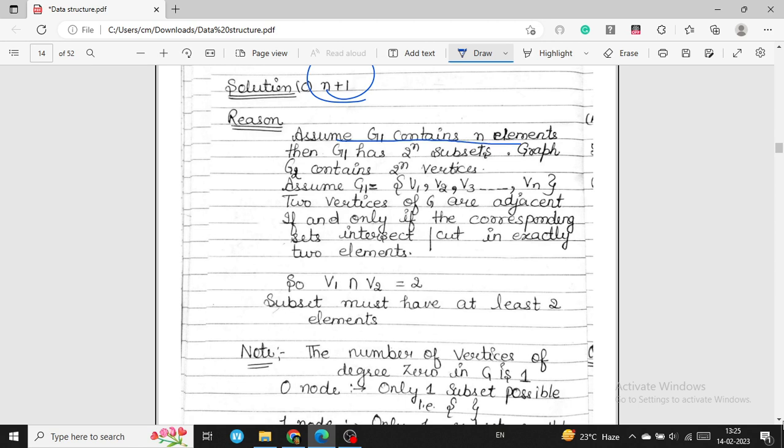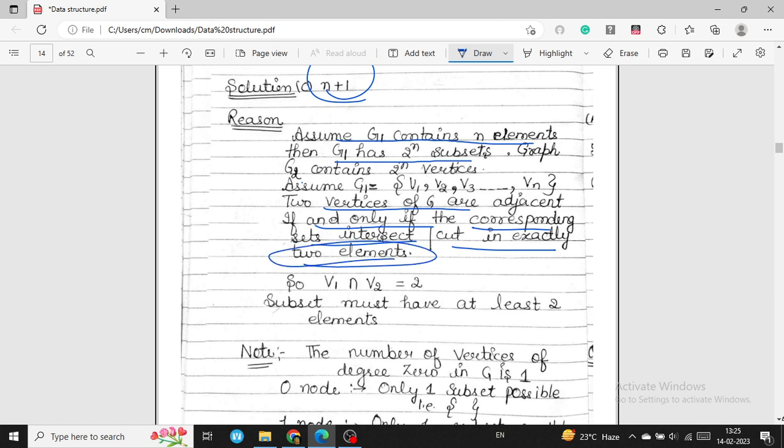Assume G1 contains n elements. Then G1 has 2 raised to the power n subsets. Graph G2 contains 2 raised to the power n vertices. Assume G1 has vertices V1, V2, V3 up to Vn. Two vertices of graph G are adjacent if and only if the corresponding sets intersect in exactly 2 elements.